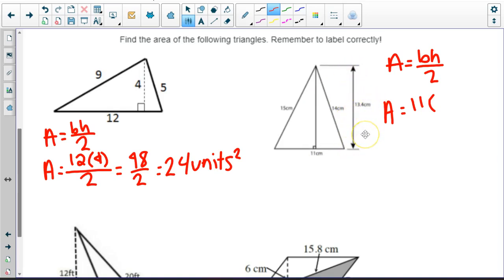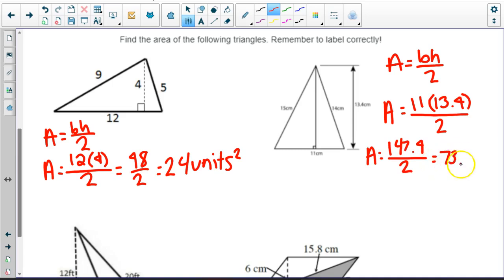So it is 13.4, and then divided by 2. So my area is equal to 11 times 13.4, which is 147.4, divided by 2. When you divide that by 2, you get 73.7 centimeters squared.